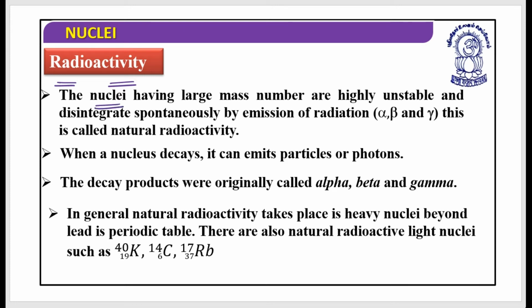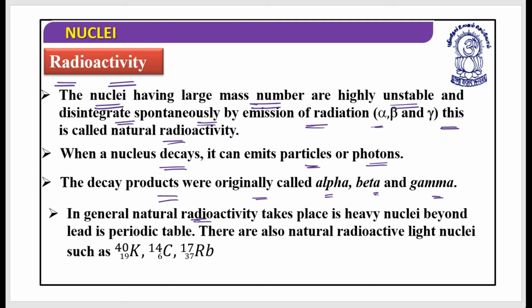The nuclei having a large number of masses are highly unstable and disintegrate spontaneously by emission of radiations, whether it could be an alpha or beta or a gamma, and this is called natural radioactivity. So when a nucleus decays, it can emit particles or photons. The decay products were originally called alpha, beta and gamma.